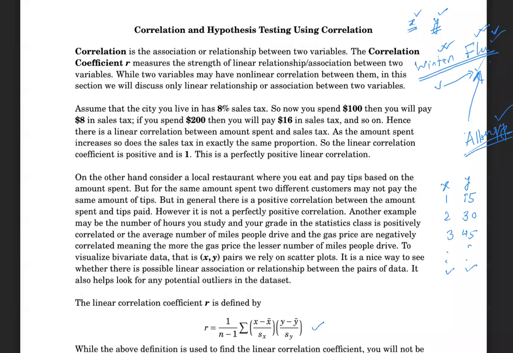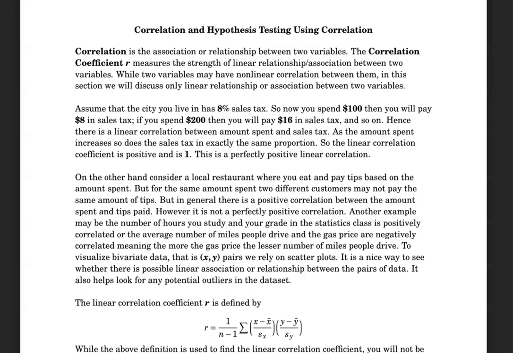On the other hand, I could give you a softer example. Think of going to a restaurant. You spend money, and at the end, when you get the bill, you pay the bill plus you pay what? Tips.